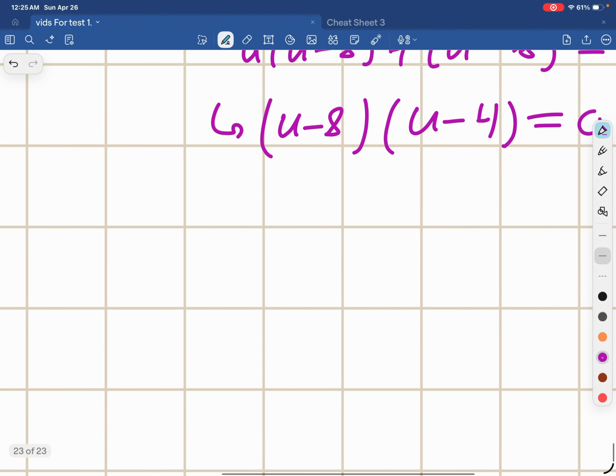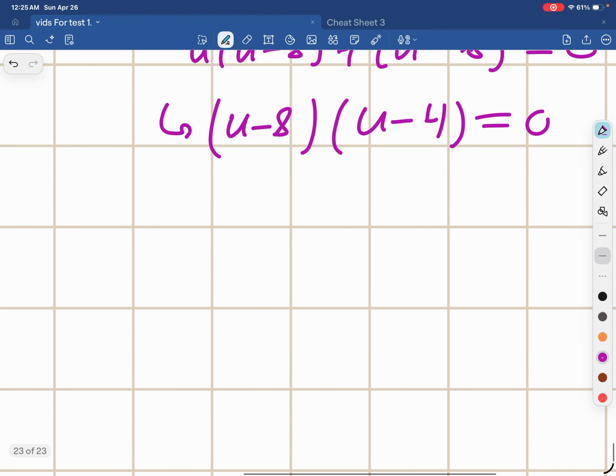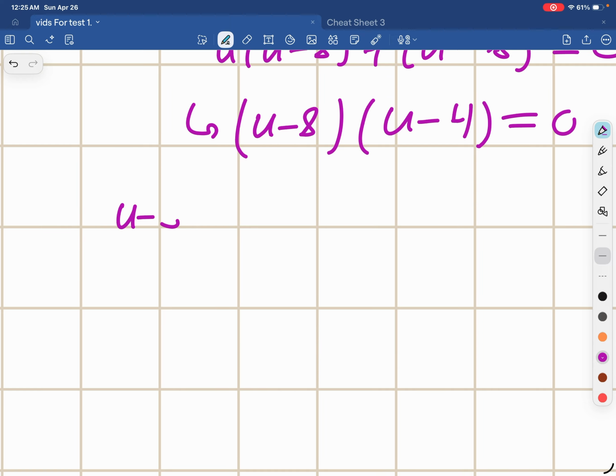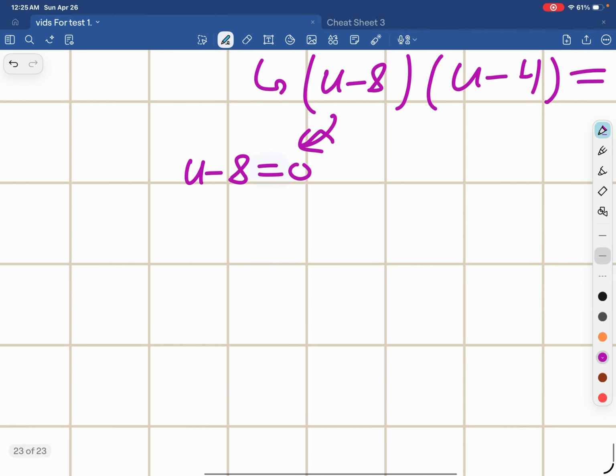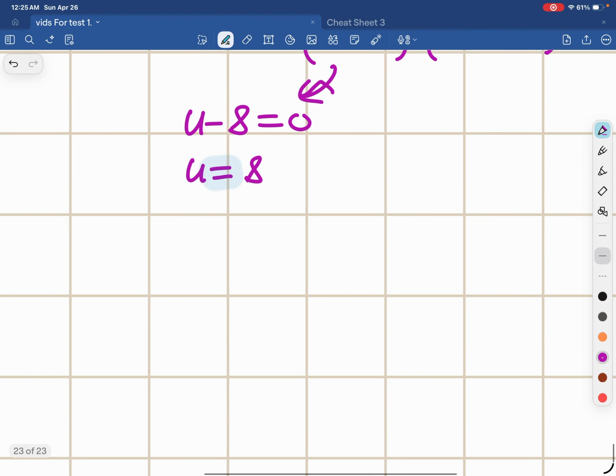But now we can plug in our values. But first, let's actually solve. So u minus 8, so u is going to be equal to 8. And remember, we have e to the x is going to be equal to 8.